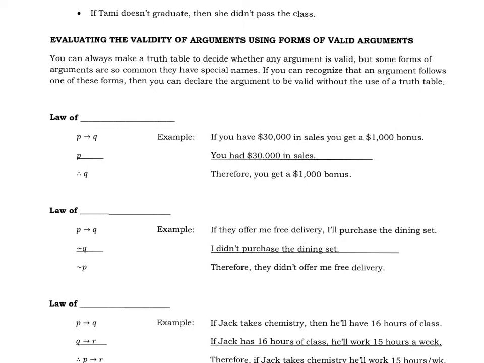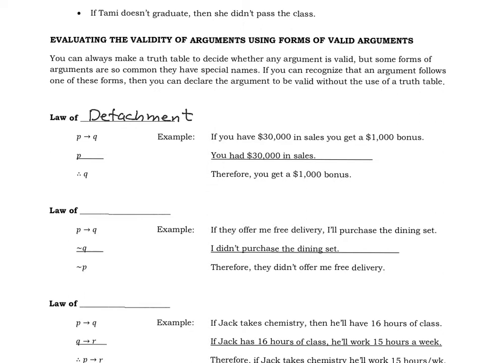So our first one is the Law of Detachment, which I think you all used quite a bit in geometry, whether you knew it or not. It follows like this: if P, then Q. So if P is happening, then it would follow that Q is your conclusion.